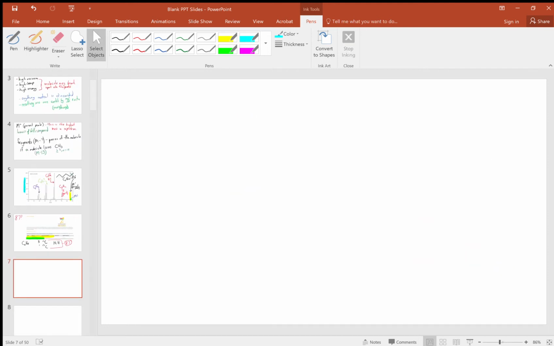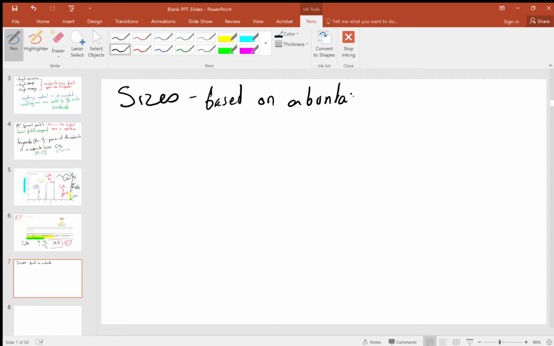Now, why are the peaks different sizes? Well, the sizes of the peaks are based on abundances. In other words, how prevalent that ion is in our sample. And that prevalence is then based on stability.